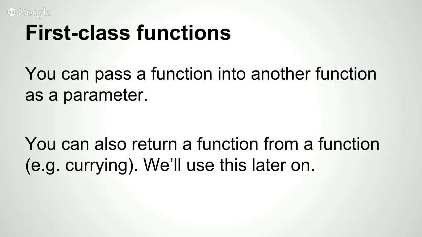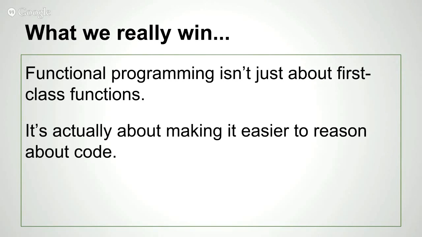You can also return a function from a function, and that's called currying, and we're going to see that a little bit later on. Now, functional programming isn't just about first-class functions, because every language has some kind of first-class function these days. Even with C, you have function pointers. It's about making it easier to reason about code.